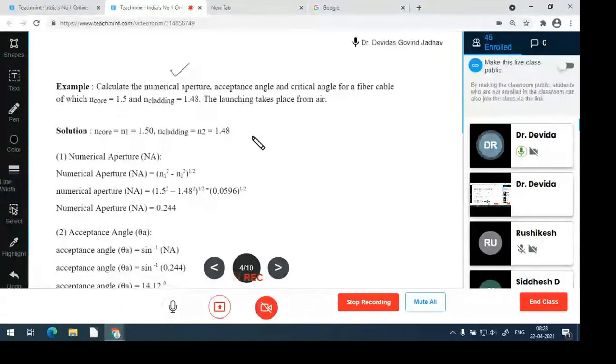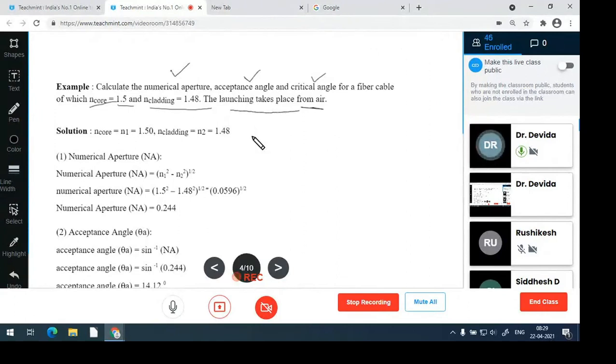For a fiber cable in which the core refractive index is 1.5, the cladding refractive index is 1.48, and launching takes place from air. So that means the optical fiber and source both are placed in air. So launching takes place from air.